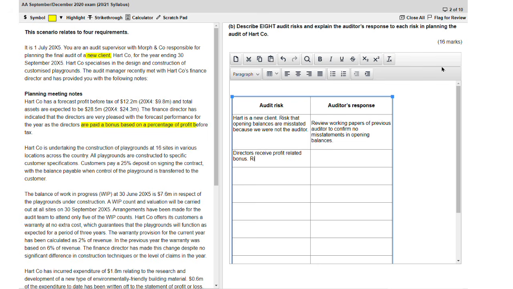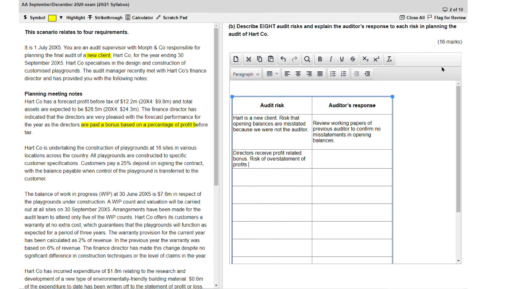Magic word, risk of overstatement of profits. Again, give an example, and the easy one is just revenue, isn't it? Because revenue is a good one. They could overstate revenue or understate costs, but keep it simple.